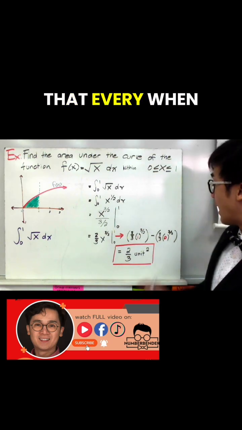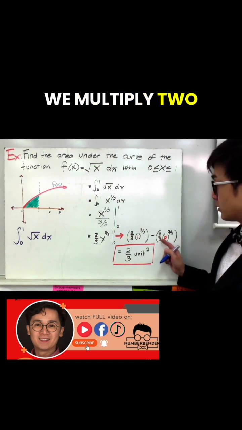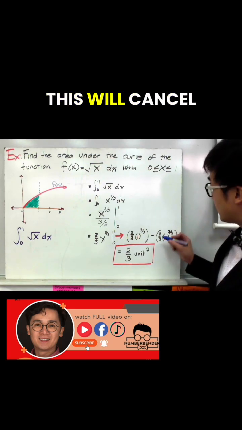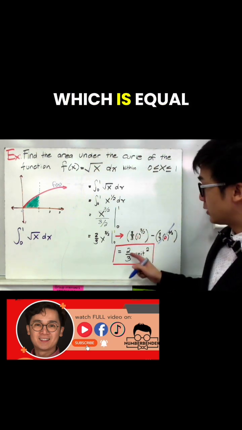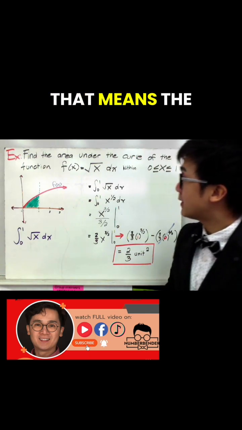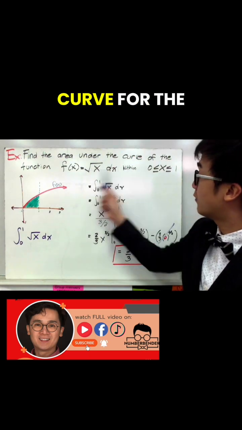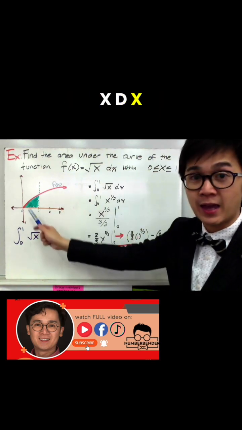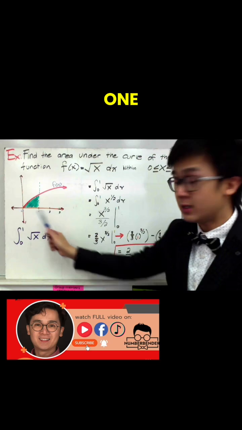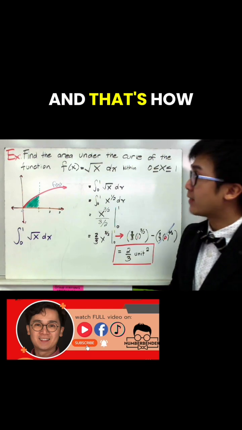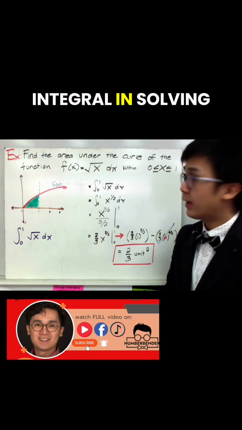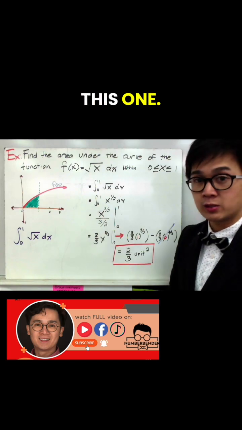When we multiply 2/3 by 0, this will cancel out. So we'll end up with 2/3 times 1, which is equal to 2/3. That means the area under the curve for the function f of x within 0 to 1 is equal to 2/3 unit squared. And that's how we use the definite integral in solving problems similar to this one.